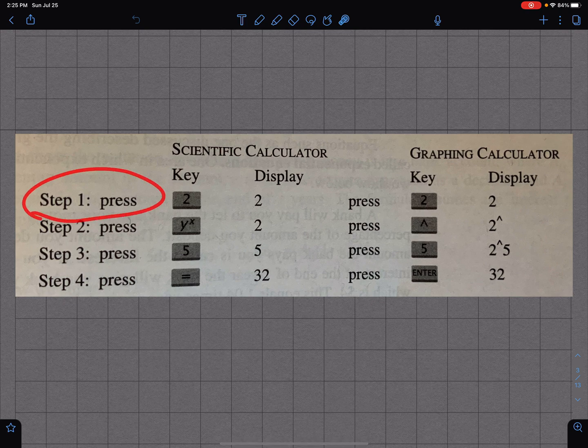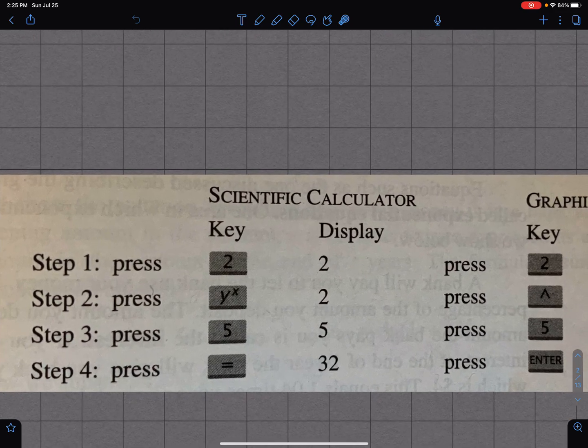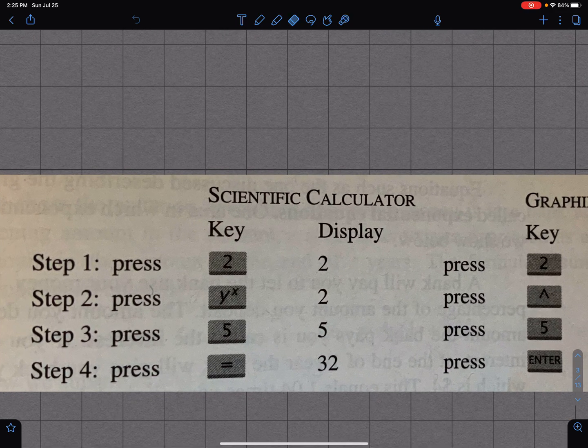Step 1. And remember that the problem is this, 2 raised to the 5th exponent. So if you have a scientific calculator, this is probably what it has on your phone. You push the number 2 first. Okay, this is what the display is going to show you. Then you press the y to the x. Okay, the display is still going to be showing you that 2.